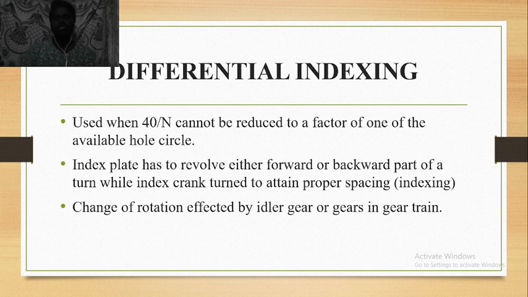So let's move on to differential indexing. In differential indexing, 40/N cannot be reduced to a factor of one of the available whole circles, and the index plate has to revolve either forward or backward by a part of a turn while the index crank turns, to attain proper spacing. The plate rotation is effected by idler gears or gears in a gear train.